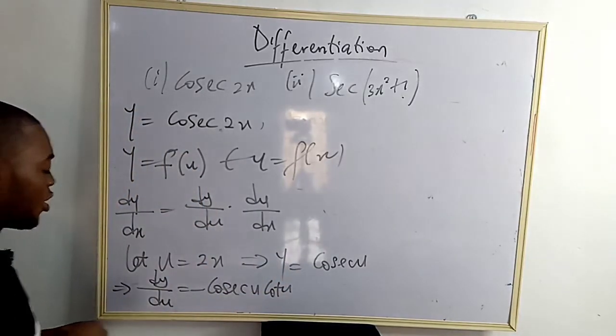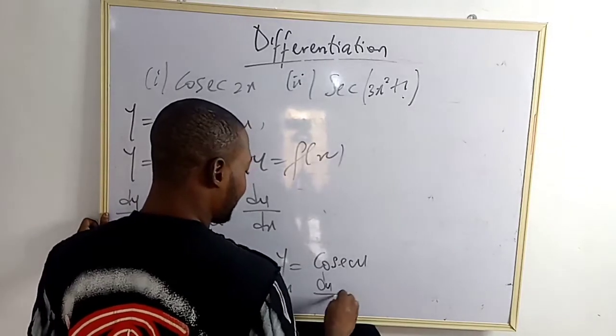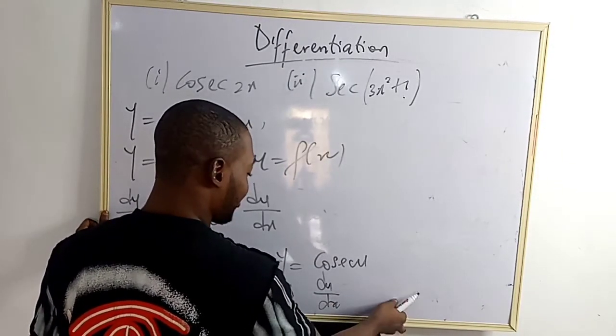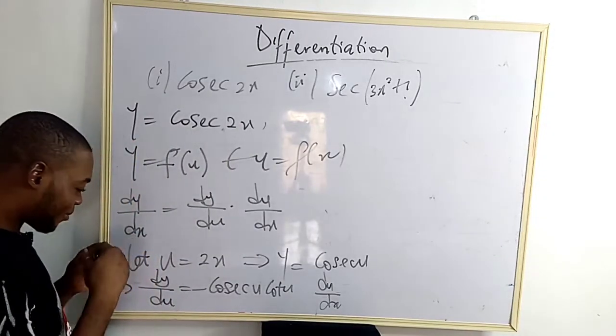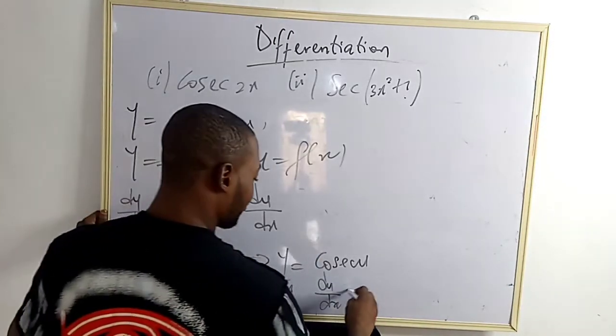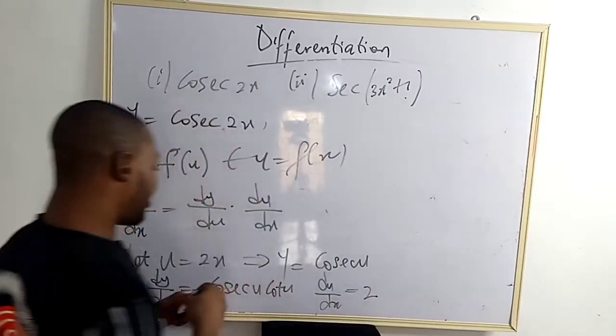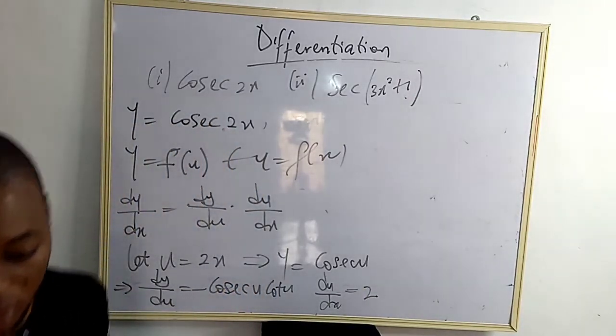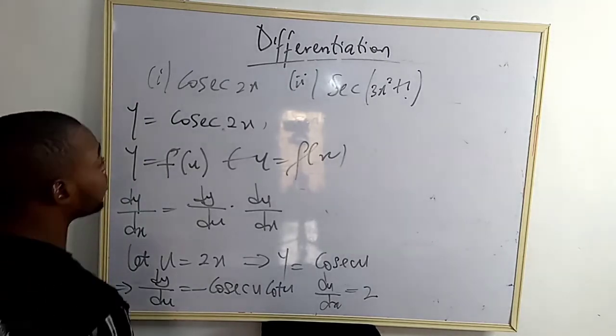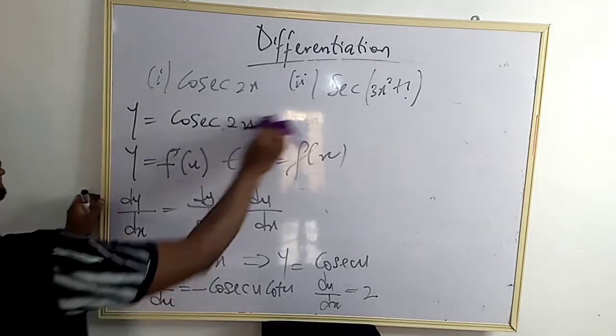Now du/dx: u is equal to 2x, so what's the derivative of 2x? That's 2. So now dy/dx of this function is these two multiplied together.